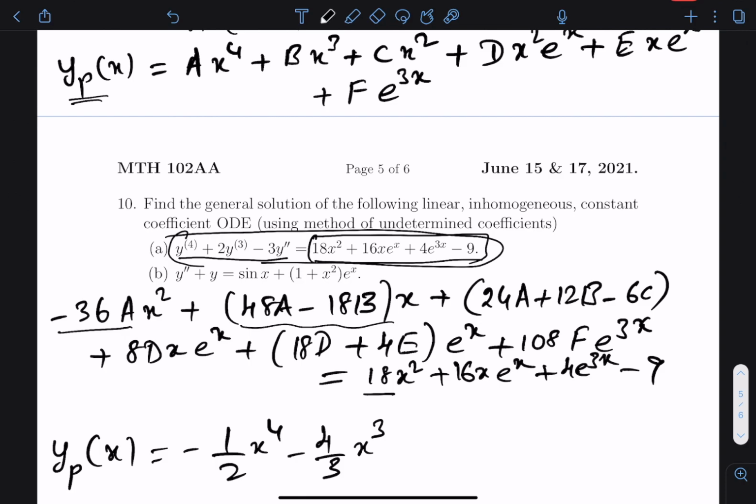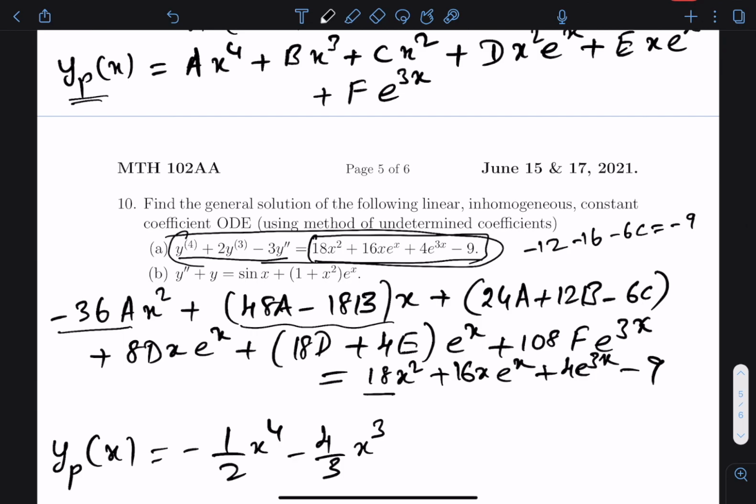Let's do it here. A is minus half, which means it's minus 12, and then b is minus 4 by 3, so minus 16, minus 6c equal to minus 9.